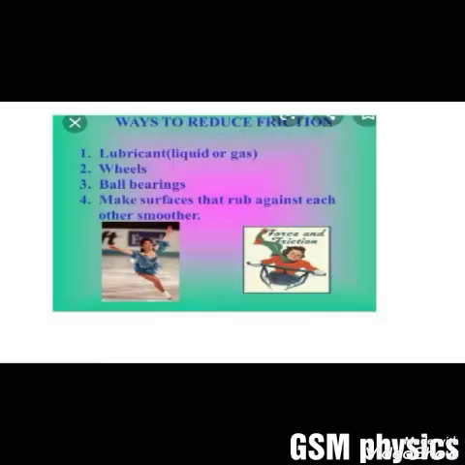Examples. Ways to reduce friction. Lubricant, the liquid or grease. These are mostly used in reducing friction in wheels or tires. Second, wheels. Pouring oil on a road makes a wheel reduce friction.